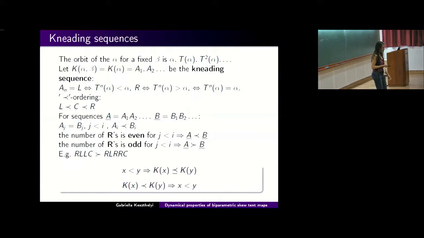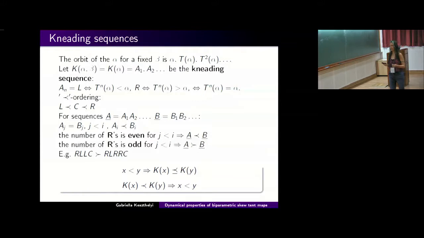If it's bigger, we put an R, as it goes to the right side. And if it comes back to alpha, then we put a C. So here we get some sequences, and there is an ordering on these sequences. It's simply L is the smallest, R is the biggest.